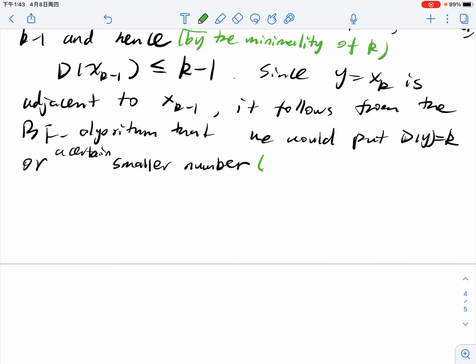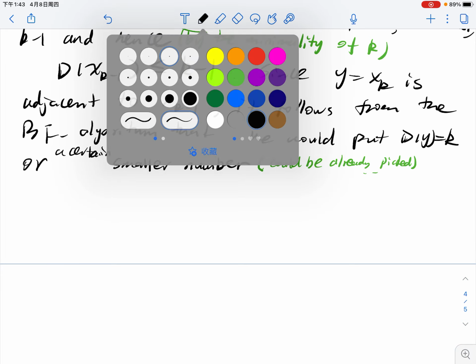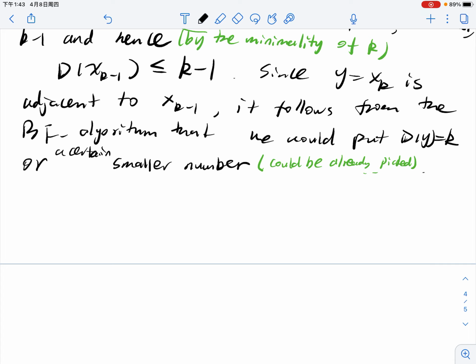Because y could be already picked. Then this is a contradiction, because by our algorithm, dy is taken to be the smallest such number.